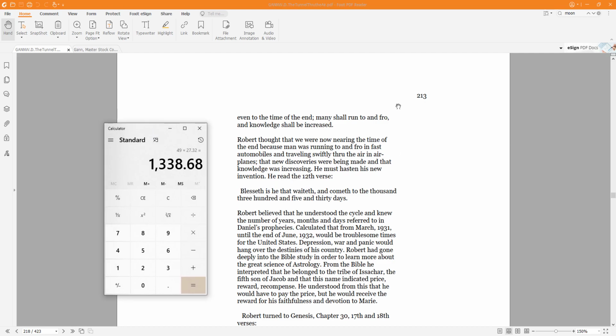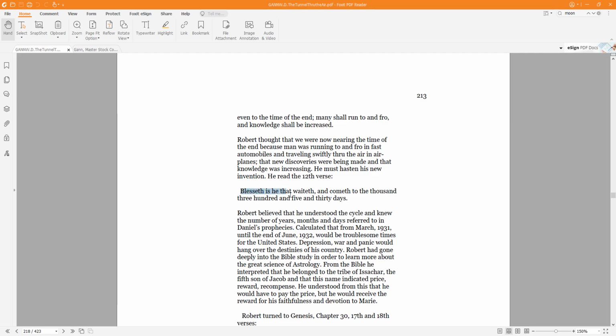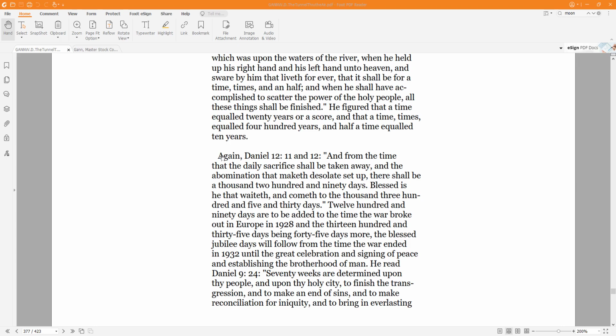I'm going to give you one more hint on this, on this quote from the Bible. It is also discussed in one other part of this book. Let's go there. I have zoomed in a bit so that you can read it properly.